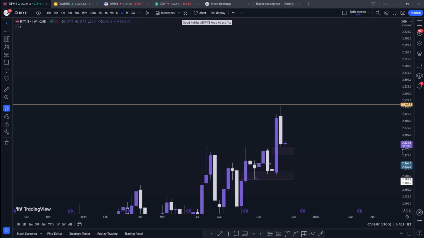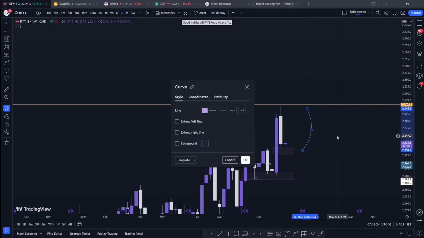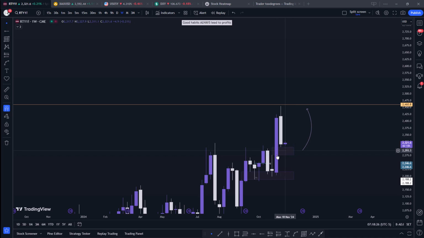And if you are familiar with Sniper's trading model, ICT's trading model, you would know that basically we wait for price to have an SMT inside of this high time frame PD array, right? In this case the PD array is just this fair value gap from the high time frame here being the weekly. So inside of this PD array we wait for some sort of SMT with a correlated asset.